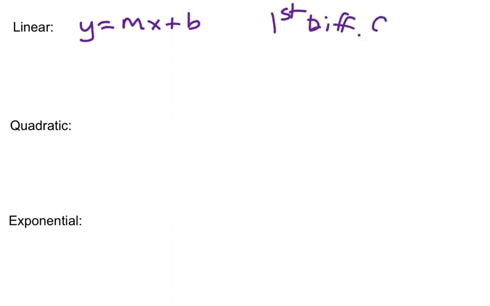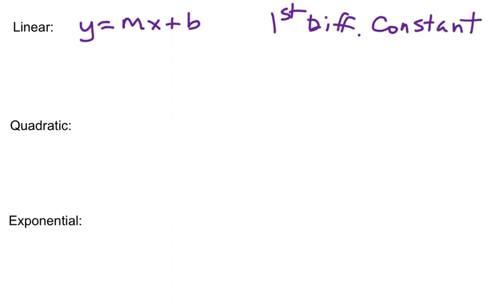A linear relationship can be modeled in the form y equals mx plus b, and we know that data has a linear relationship if first differences are constant.